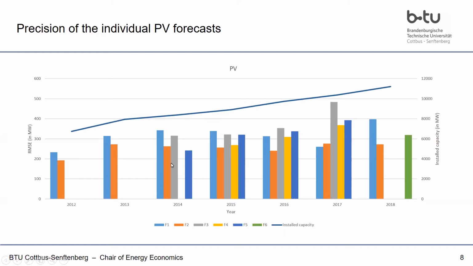But the most precise forecast is actually F2 throughout the period, denoted here with orange. The errors are maybe slightly improving, but this is very difficult to catch up with 40% additional installed PV capacity during this period.